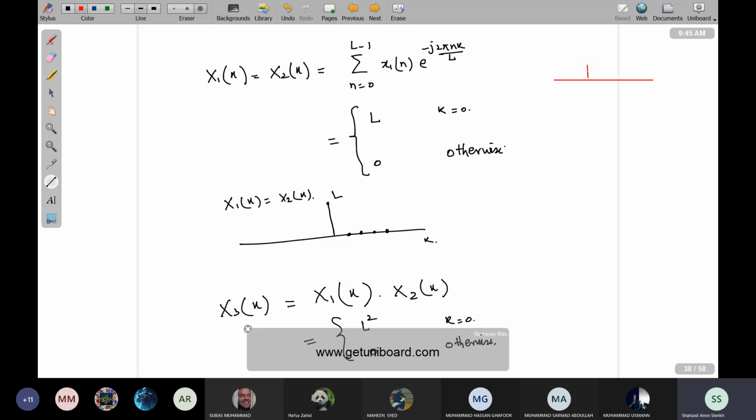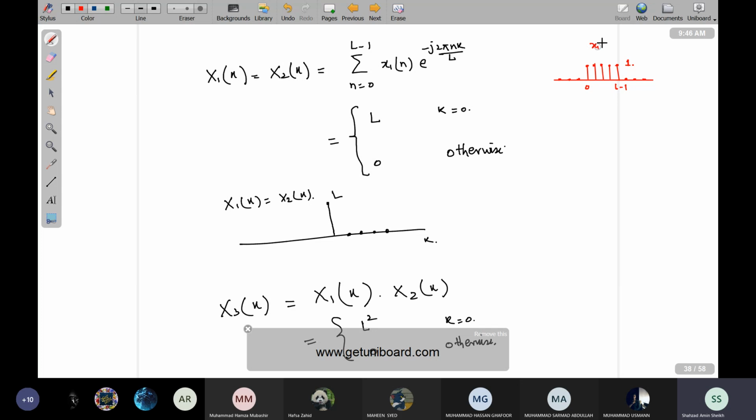So these were the samples. Suppose this was the situation, from 0 to L minus 1, all these samples were equal to 1. The rest of the samples were 0 for x1 of n and x2 of n.